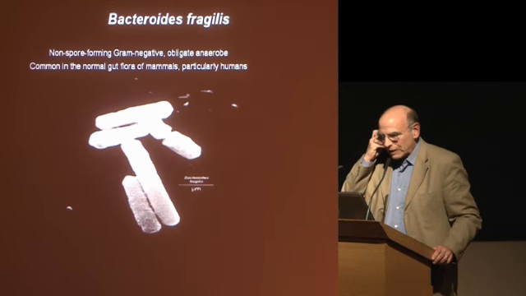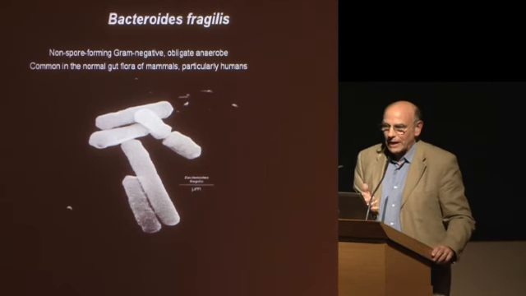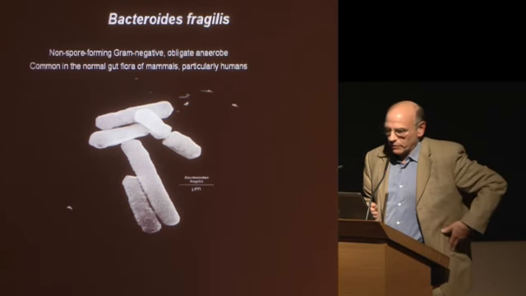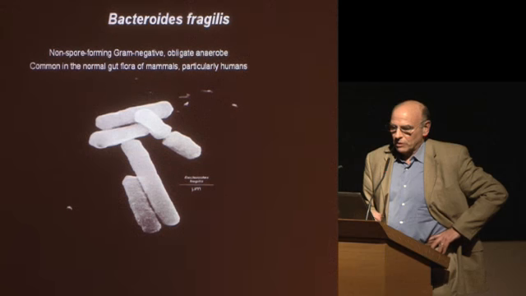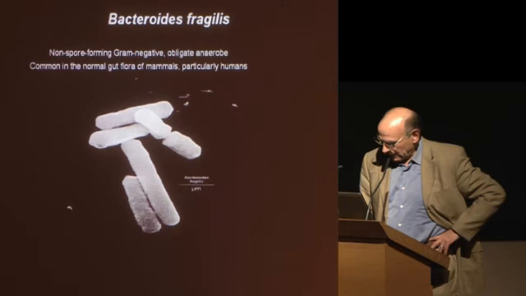The organism that I'm going to talk about is Bacteroides fragilis. It's a strict obligate anaerobe that you can grow. It's non-spore forming. It's common in the normal flora of many mammals, particularly humans.